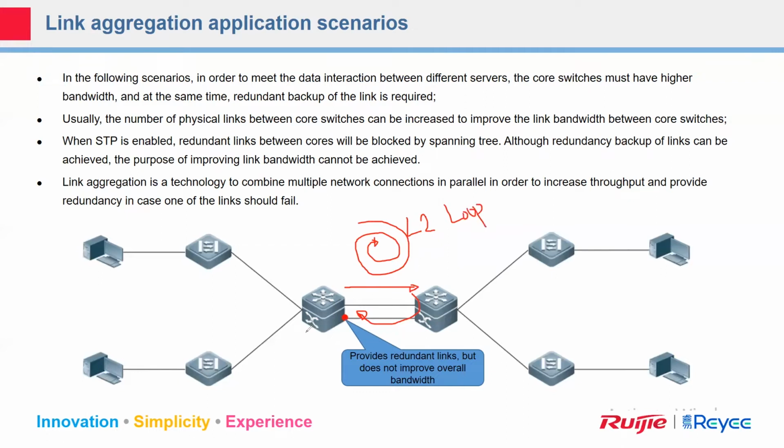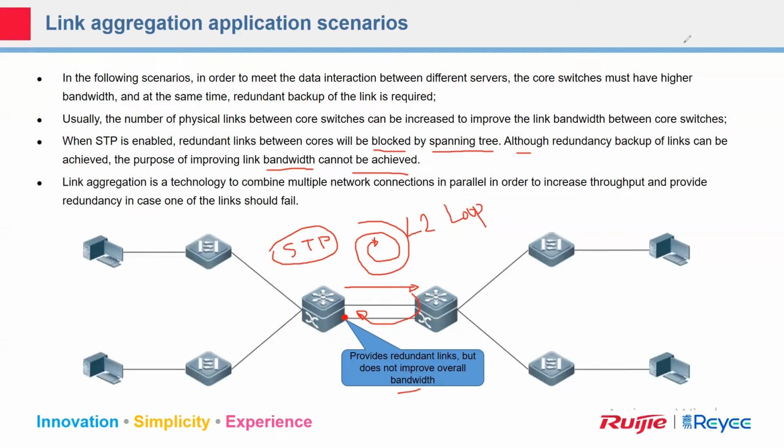So how do we avoid that? By enabling STP, which is spanning tree protocol, and we will talk about that shortly. So the redundant links between cores will be blocked by spanning tree. Although redundancy backup of links can be achieved, the purpose of improving link bandwidth cannot be achieved. So here, as you can see, we provide redundant links, but that doesn't improve the overall bandwidth.